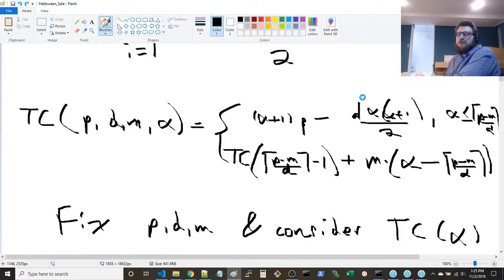You can use some calculus. You don't need calculus to do this. And alpha's also got to be an integer. There's a reason why you toss out the other possible values for alpha.